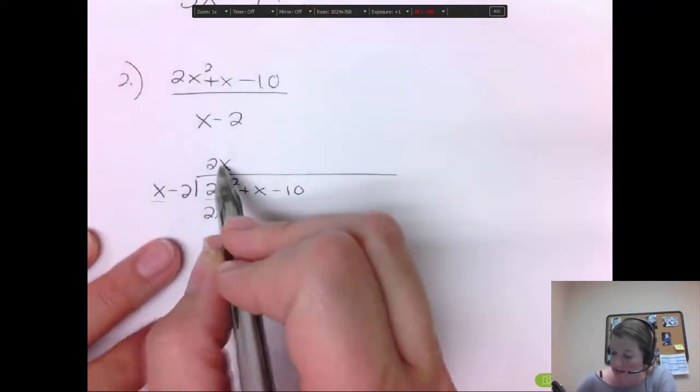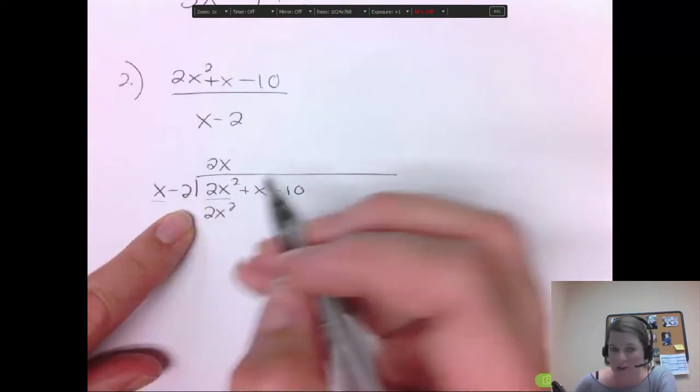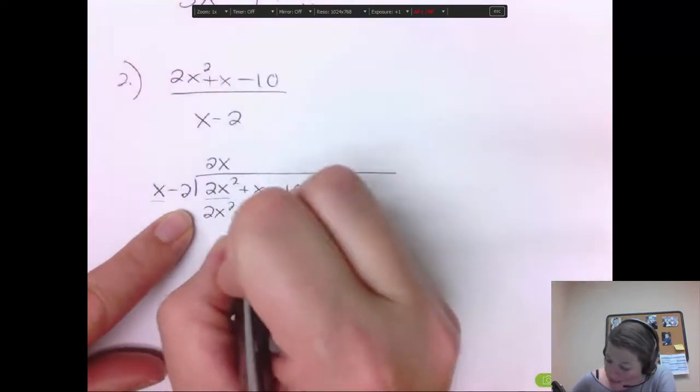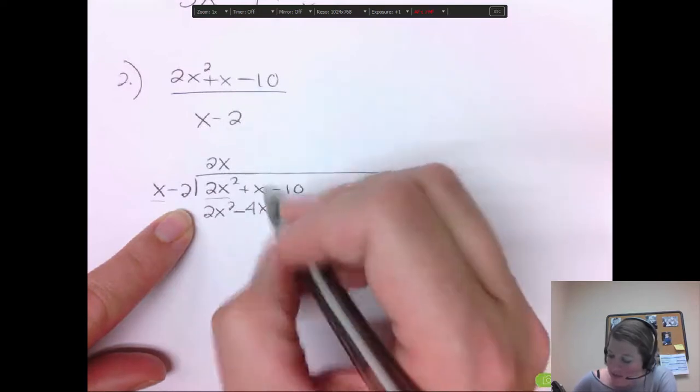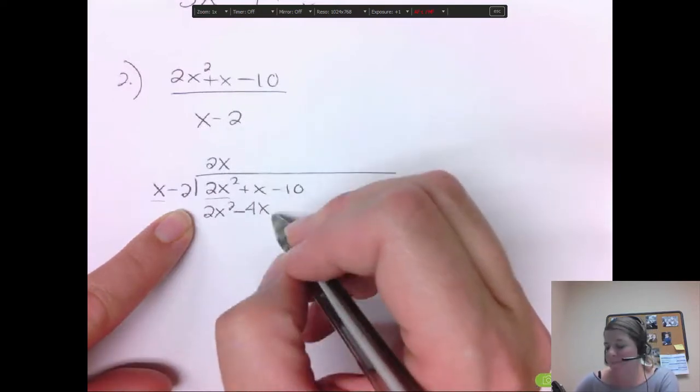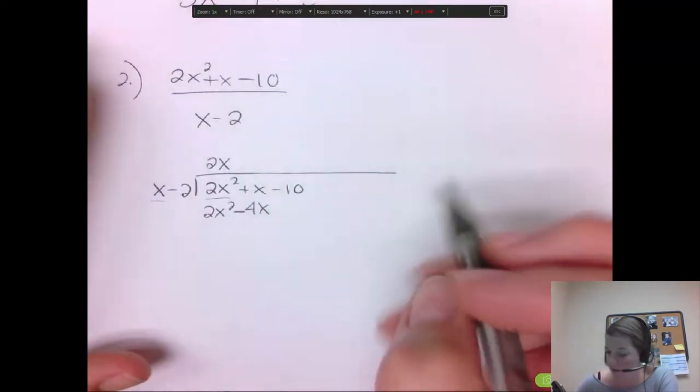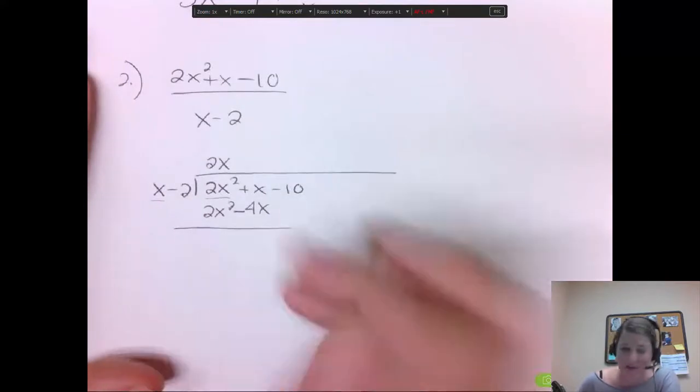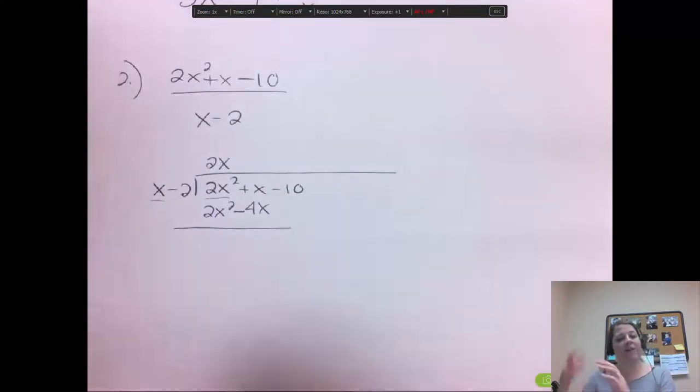Then you take the 2x times the next term, which is negative 2, so that would give us negative 4x. These better be the same exponent, same letters, or you can't do the next step. Then, just like in long division, I figure out what goes in there, and then I subtract down. Subtracting down can be a little tricky.